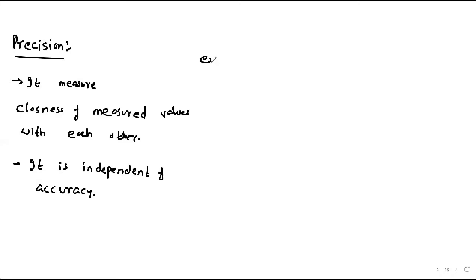For example, you have three observers, an observer A, an observer B, and observer C. Each one is taking three sets of readings. So observer A takes three readings. It comes out to be 10.1, 10.2, and 10.3. Observer B also takes three readings.